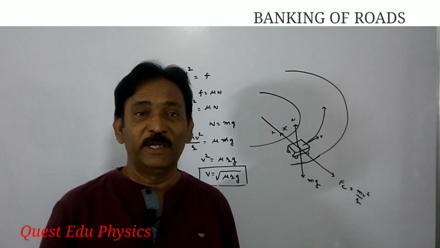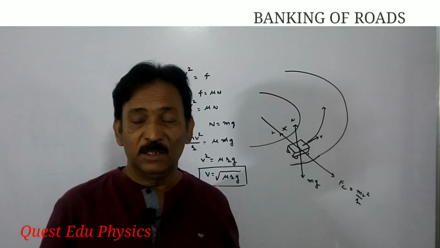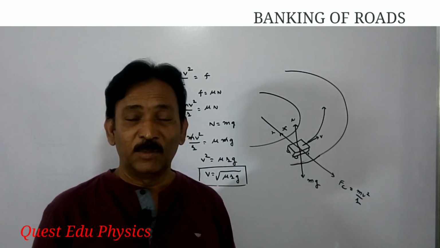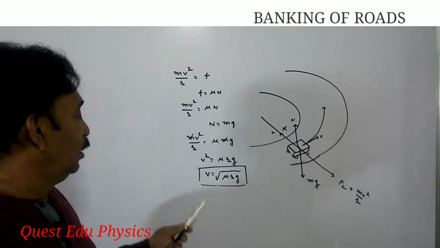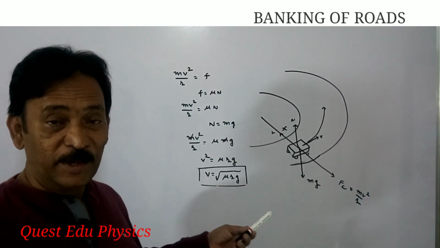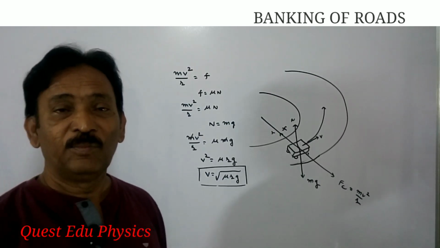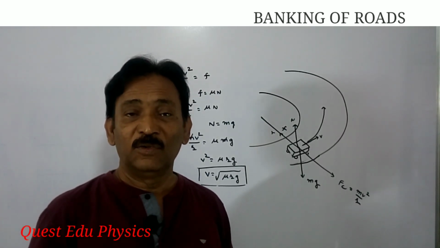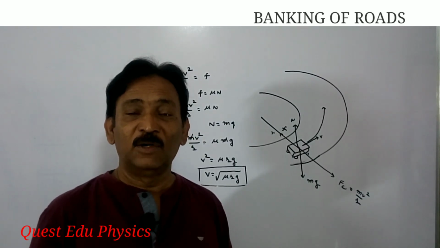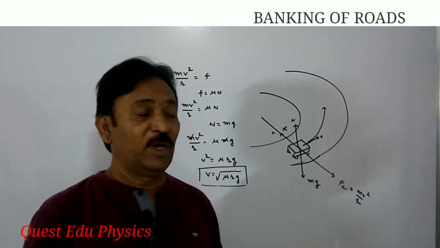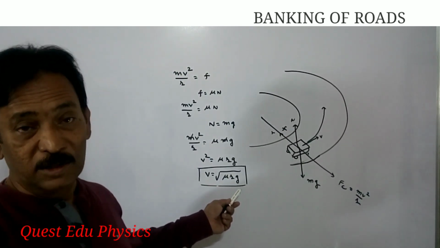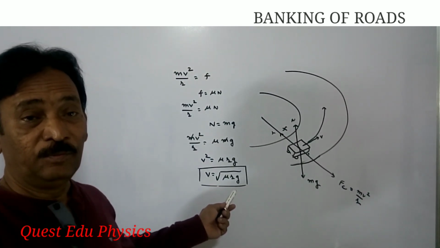When you are negotiating a car on a road which is a curved path, sometimes if you go with a velocity more than this limit, there is a chance of accident, and fatal accidents happen in that way only. If you know the velocity, then you can estimate the radius of the circular path also.